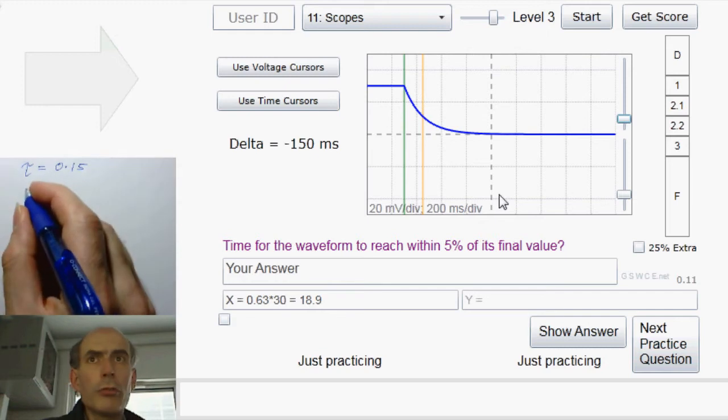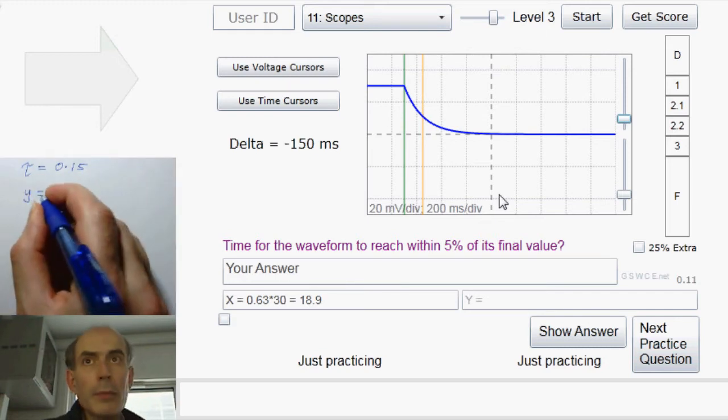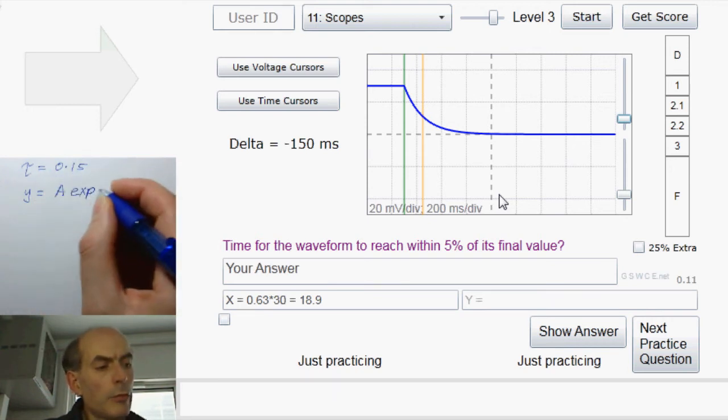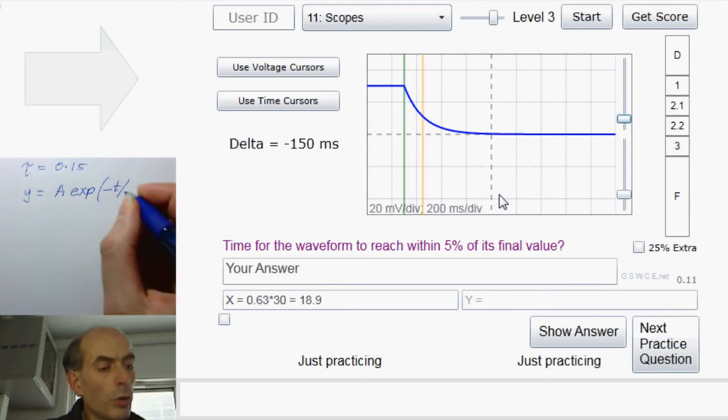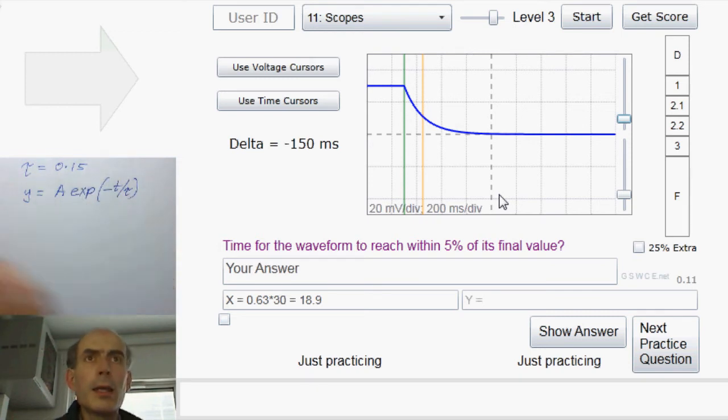And the equation for a first order decay response like this is y equals a exponential of minus t over τ, where τ is the time constant, which we've just worked out to be 0.15. Now we want to know what value it's going to be to get to within 5%.